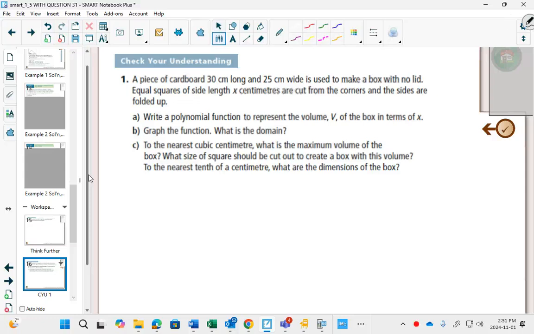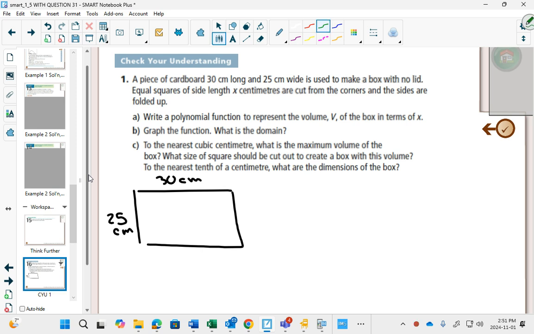So in this question, they started off with a rectangular piece that was 25 centimeters by 30 centimeters. And they cut squares out of the corners, just like we did.